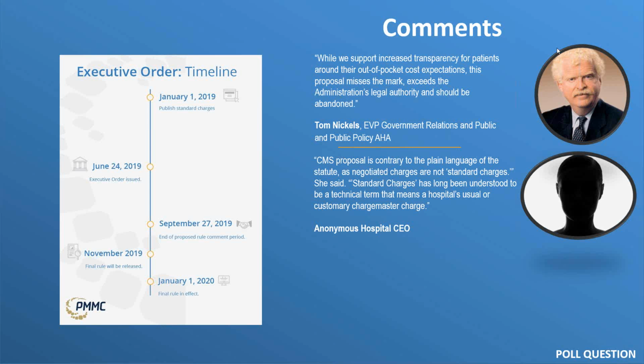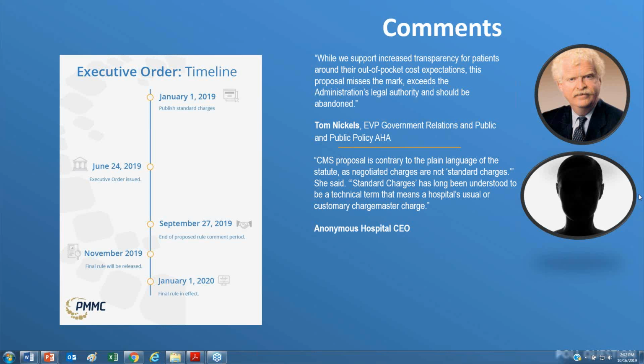So Brad, I believe we're going to start today's session off with a poll question. We are. Thanks, Greg. To start today's session, we'd like to get an idea from the audience of where your organization is as far as your planning for the Executive Order Price Transparency Mandate. So far, what has your organization done to prepare for the mandate?